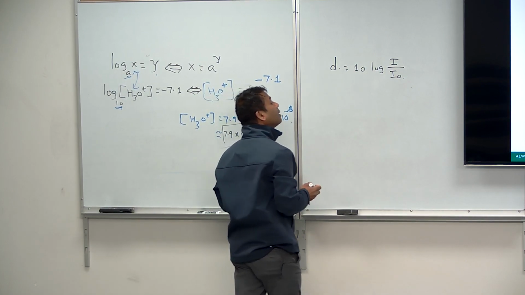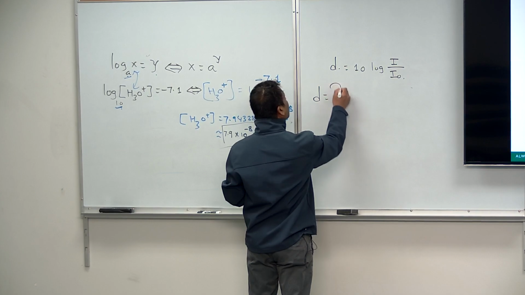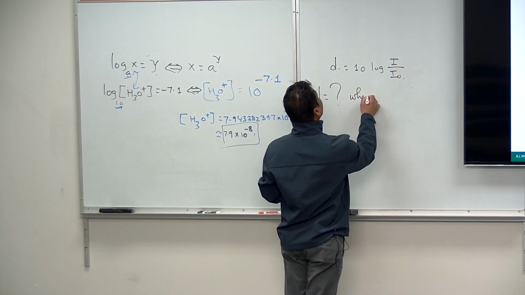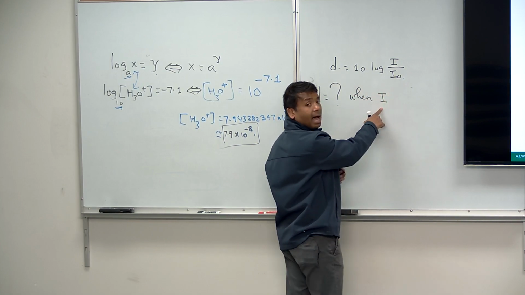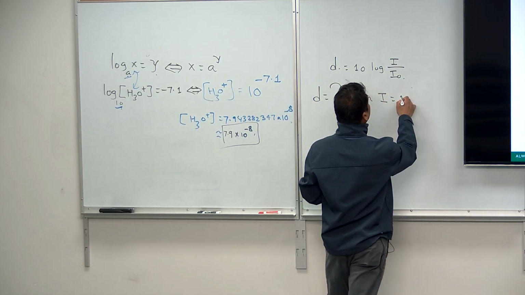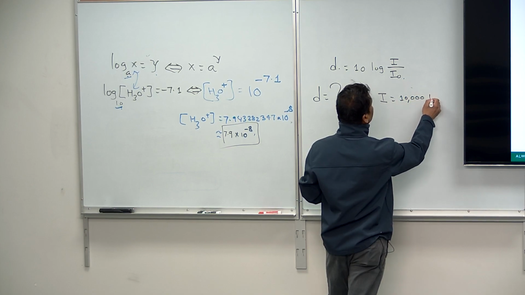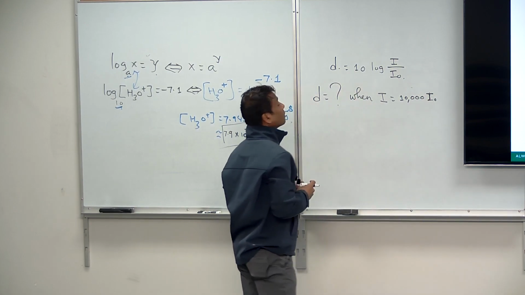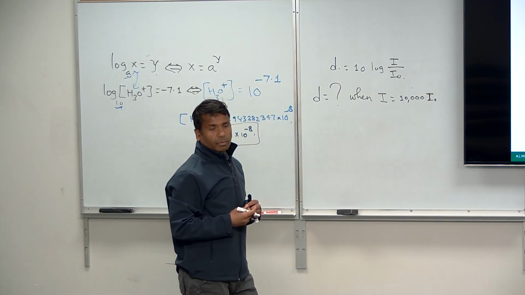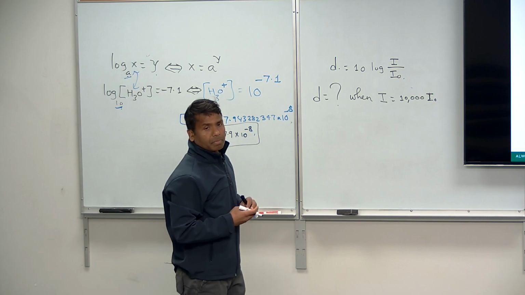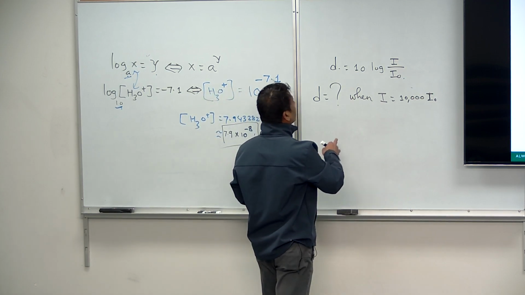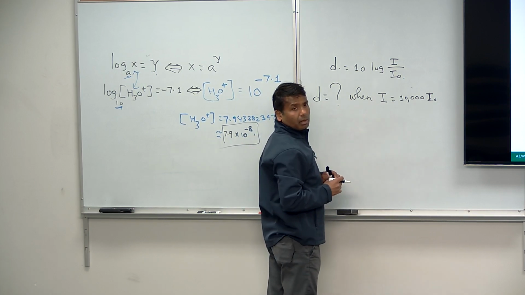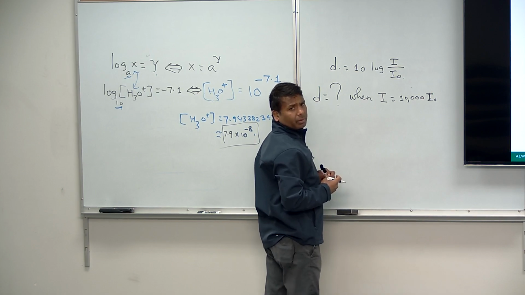And what you need to do here is find D equal to what when the sound with intensity I is 10,000 I sub 0. Okay? You have to find the value of D when I equals 10,000 I sub 0.